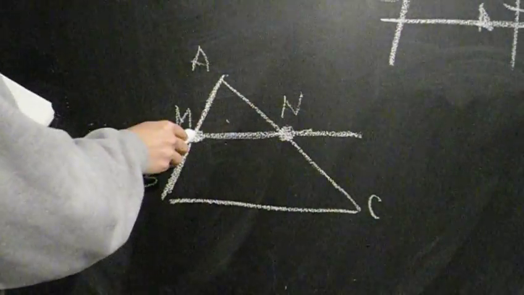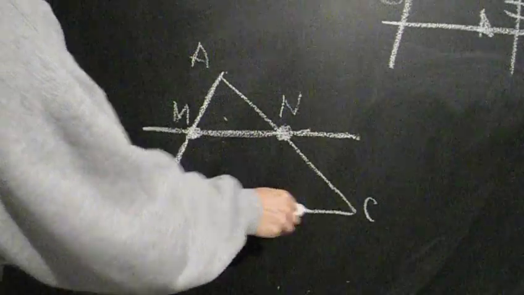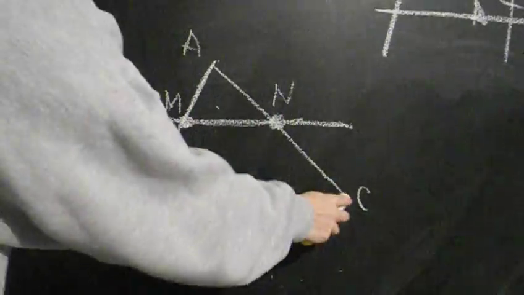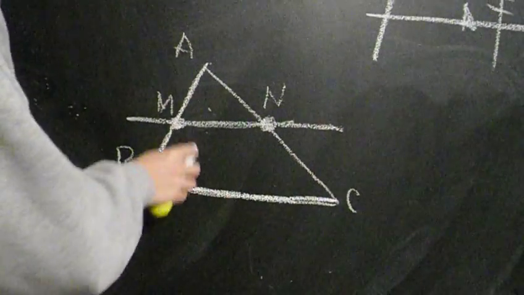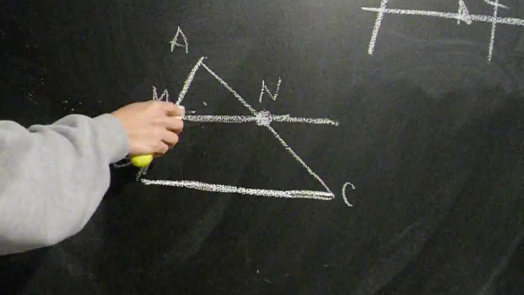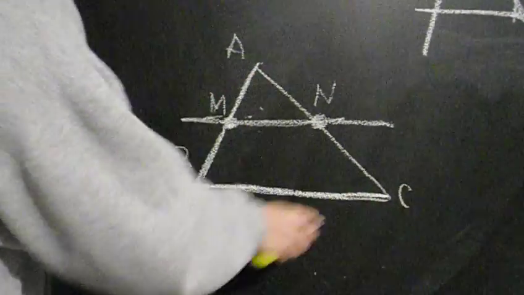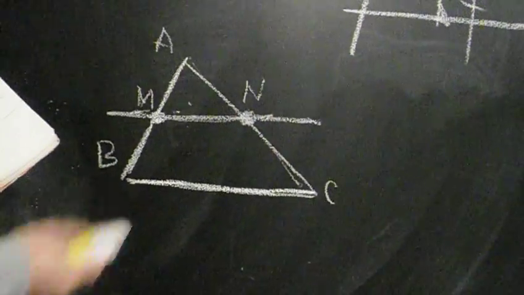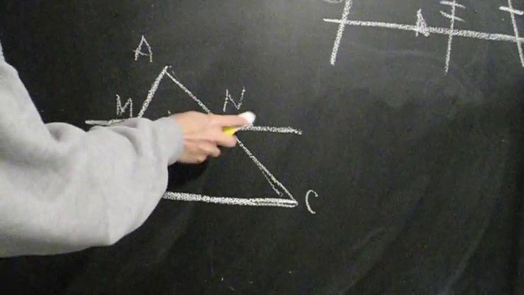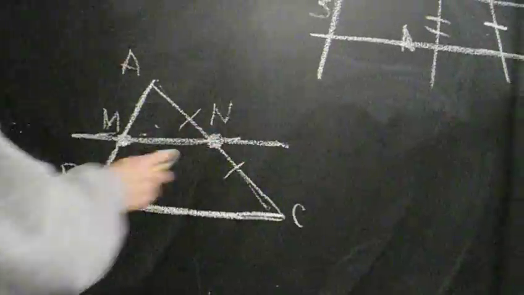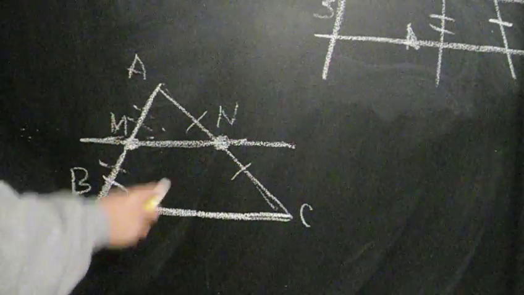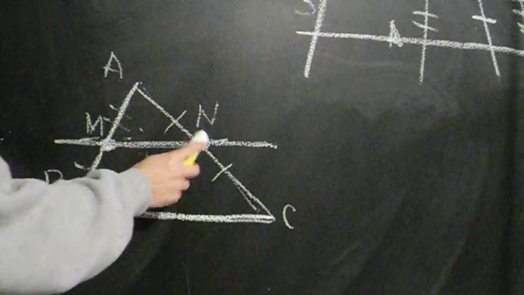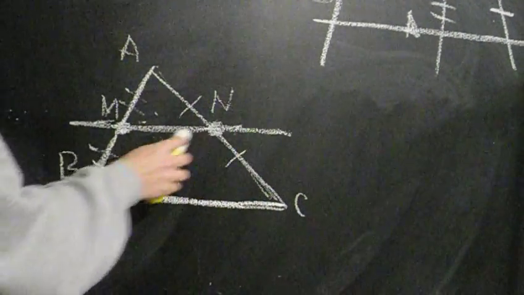If this line is parallel to this line, and when I drew this I didn't draw very good parallel lines, but let's say this line is parallel to this line, and this is a midpoint, then in the triangle, that's going to be a midpoint of that segment, because it bisects the third side. So this is the midpoint of these two segments, if these two are parallel.